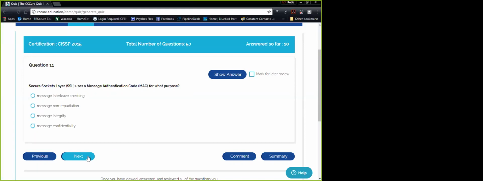Message interleaving checking, message non-repudiation, message integrity, or confidentiality. Well, it's not going to use it for the confidentiality. Authentication, I think, yeah, message non-repudiation seems the most correct. Everybody agree? Yeah, we'll see. Message integrity, why is that?